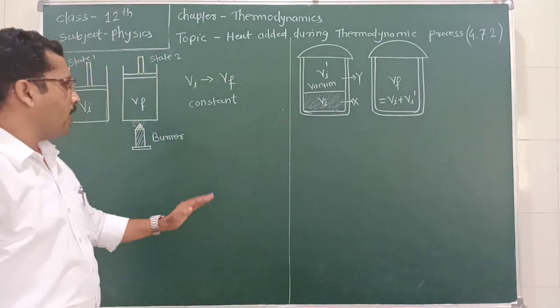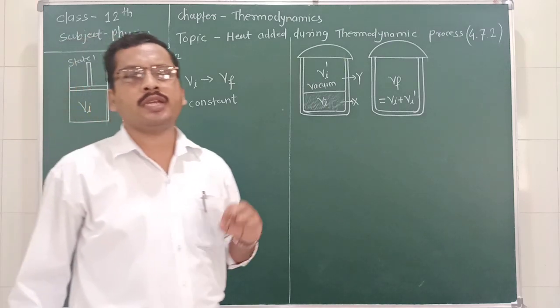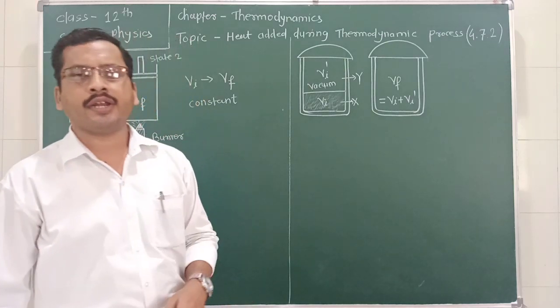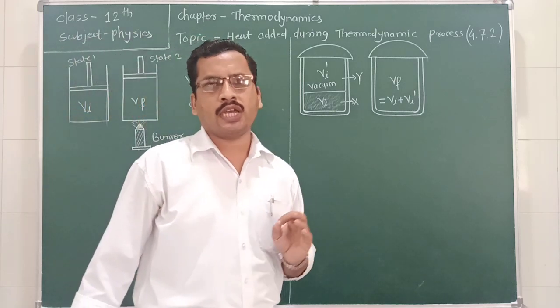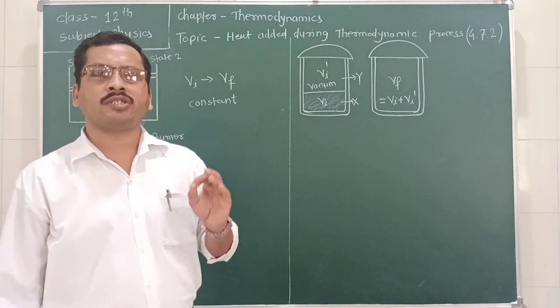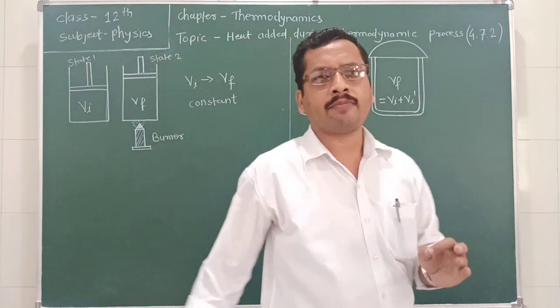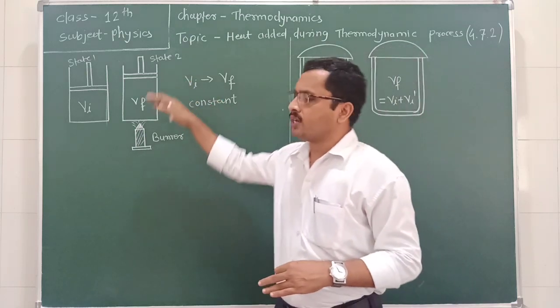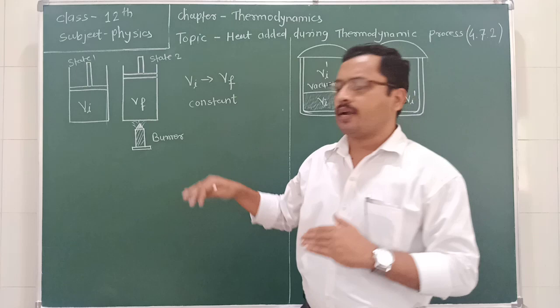Now, when heat is supplied by using a burner, the internal energy of the system changes, and some work must be done by the system, that is, by the gas, on the piston, so that the piston moves in the upward direction.